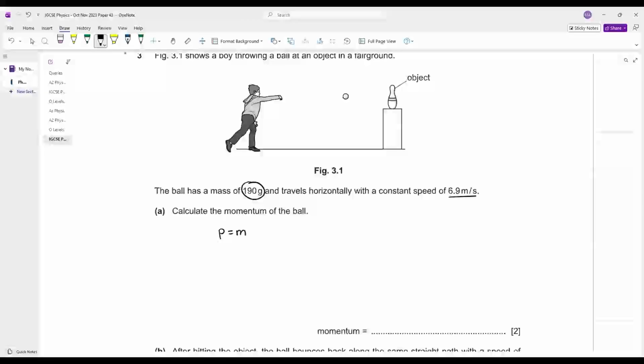Momentum is equal to mass times velocity. The mass is 190 grams, converted into kilograms by dividing by 1000, multiplied by the velocity, 6.9. That is 190 divided by 1000 times 6.9. Your momentum comes out to be 1.3 newton second. Perfect. Let's further move ahead.